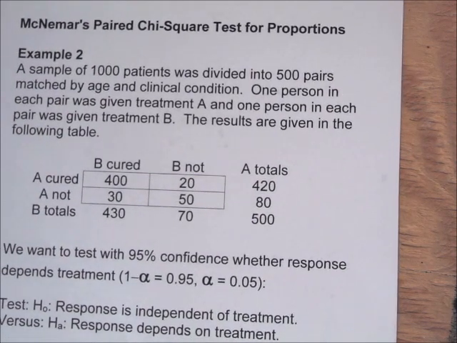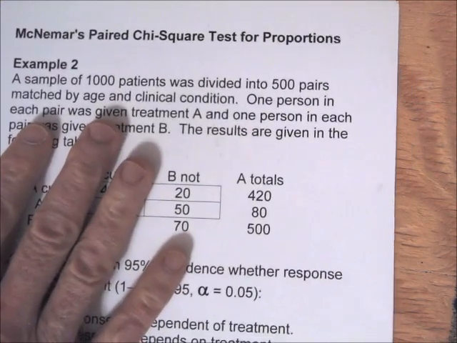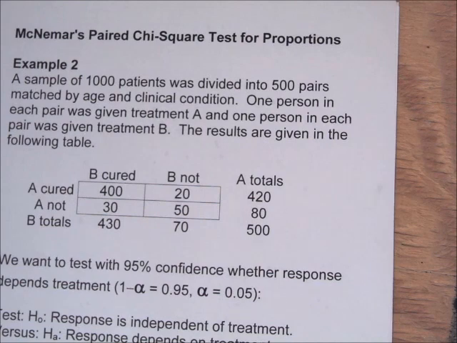This will be, instead of a mean, a proportion. In this example, a sample of 1,000 patients were divided into 500 pairs matched by age and clinical condition. And one person in each pair was given treatment A, one person in each pair was given treatment B.